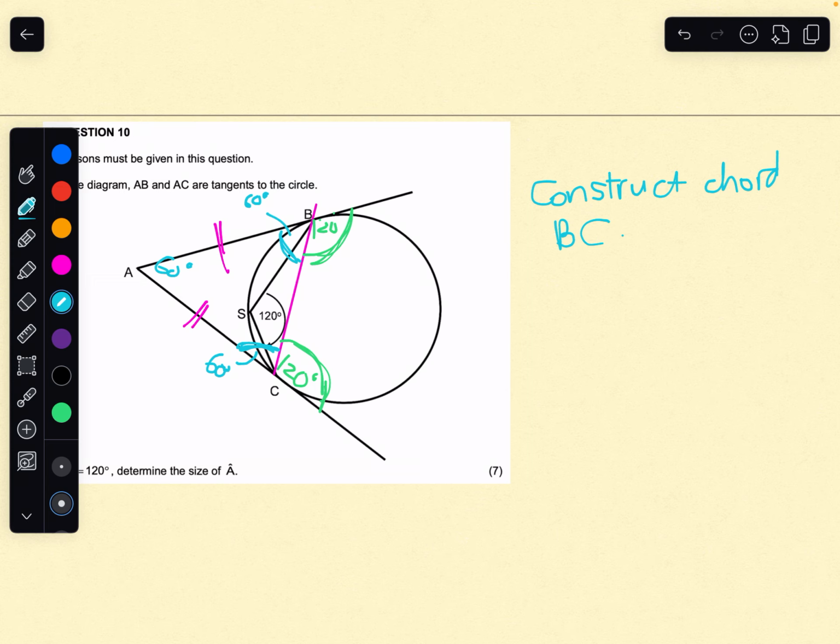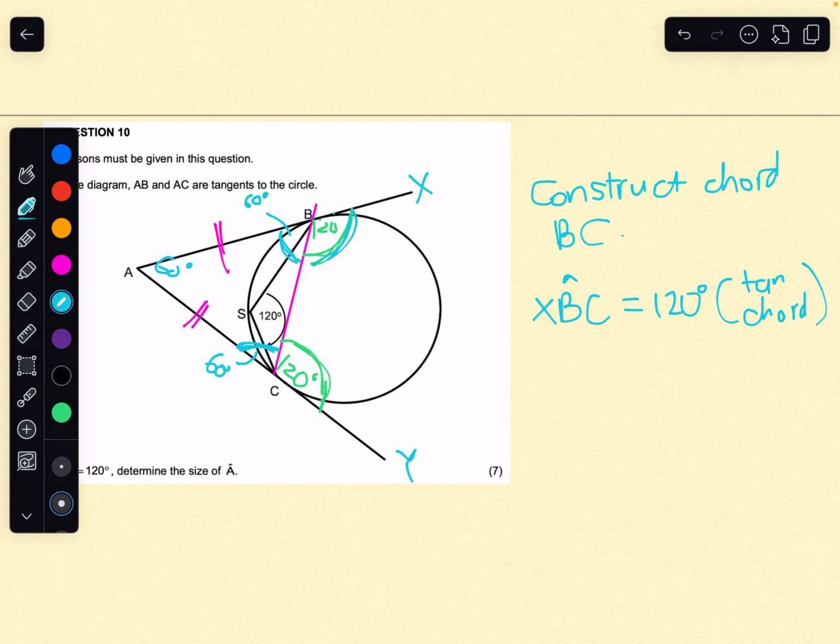Okay, so this is where you gotta maximize on having a right on paper. So I'm just gonna put in my own names for the ends of these lines so that I can name these angles. So this angle would be angle XBC is equal to 120, and that's because of tan-chord.